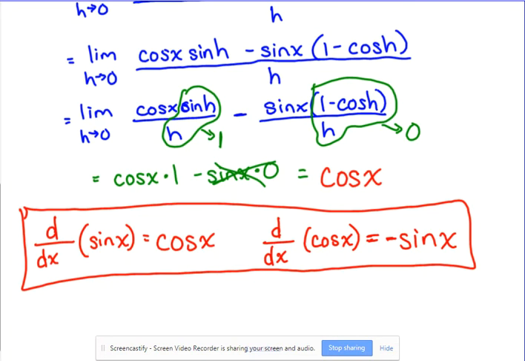You do not have to recreate this process. I just wanted to show you where it came from. And for those of you that are nerds like me, that's pretty cool. But you don't have to memorize that. All you have to memorize is what I have in the box. The derivative of sine is cosine. The derivative of cosine is negative sine. That's all you've got to remember.